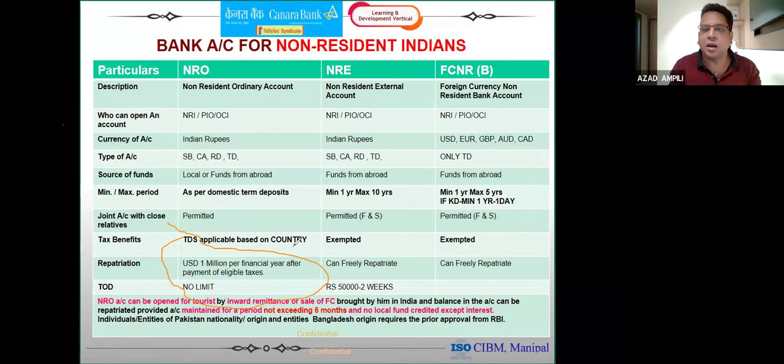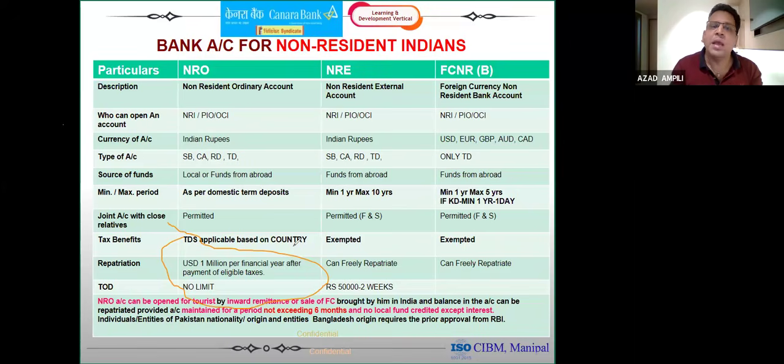And what about FCNR? The name suggests foreign currency non-resident bank account. This account will be in our bank. We open it in 5 currencies: USD, Euro, GBP, Australian dollar, and Canadian dollar. This is term deposits only. There is no SB or current account in FCNRB, and it will be in foreign currency.